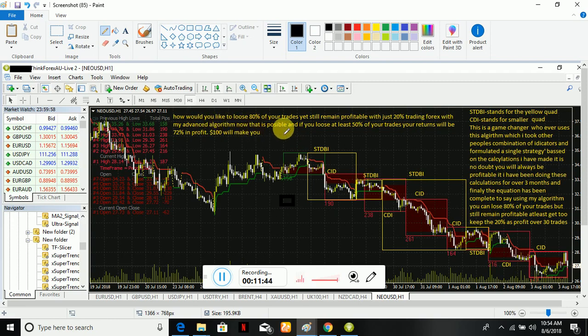With my advanced algorithm that is possible. If you lose at least 50% of your trades, your returns will be 72% in profit, meaning that if you have $100, it will make you at least $72.